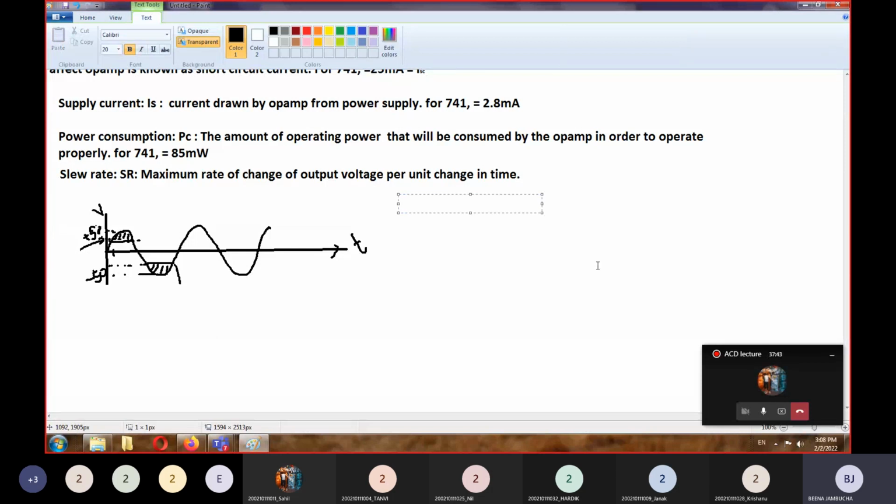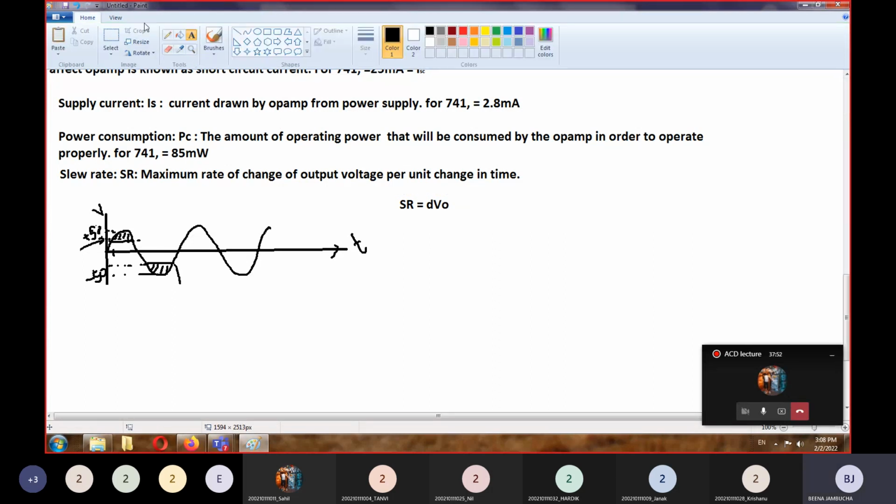So slew rate is defined as SR equals dV0 divided by dt. What will be the unit of slew rate?